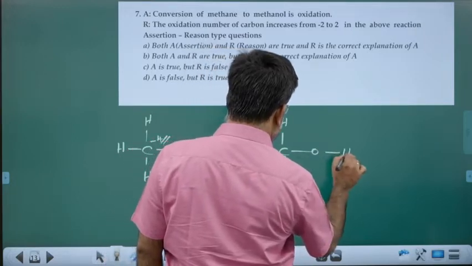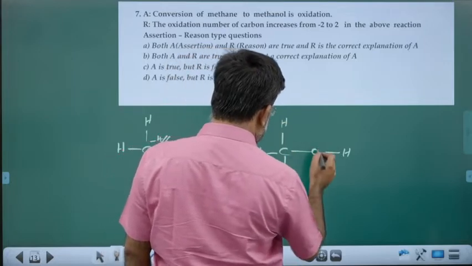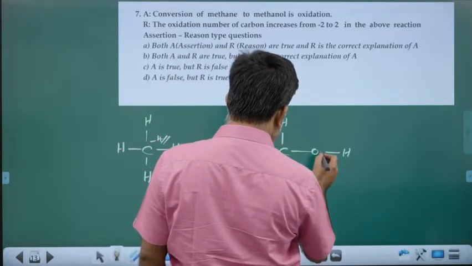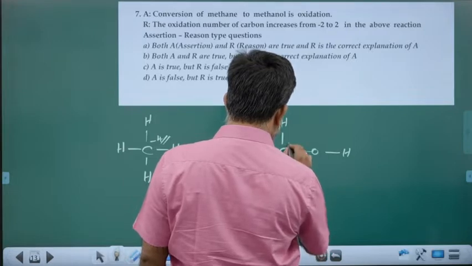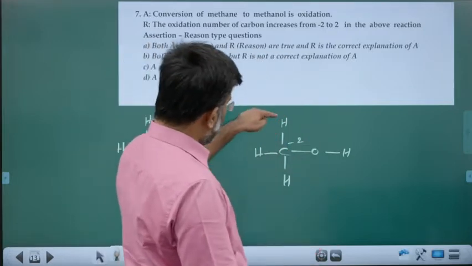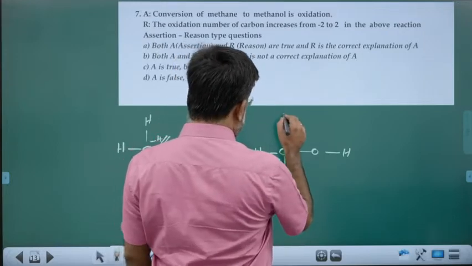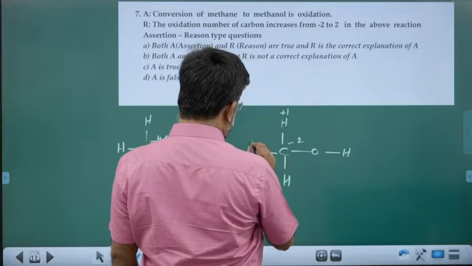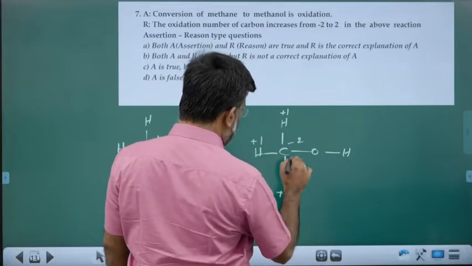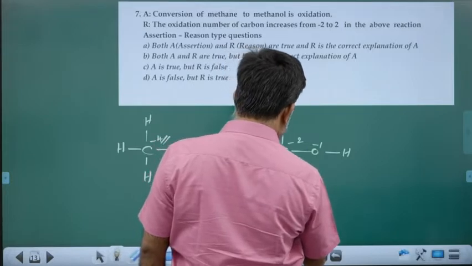This is methanol. +1, +2, +3, -1. So this will be -2. Isn't it? +1, +1, +1, +1. So this will be +3, -1.